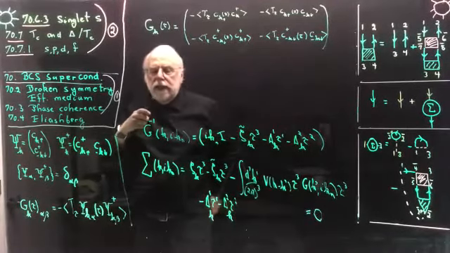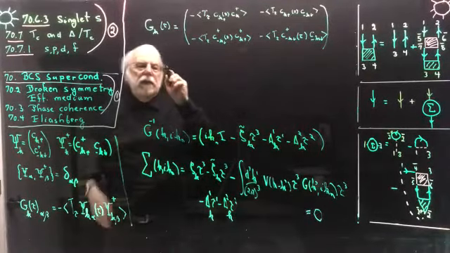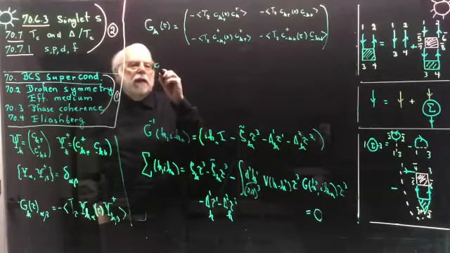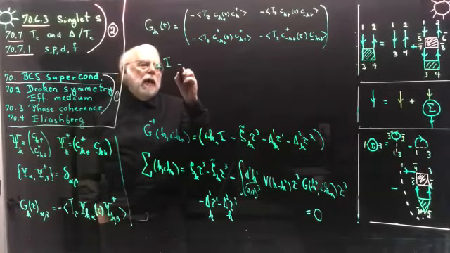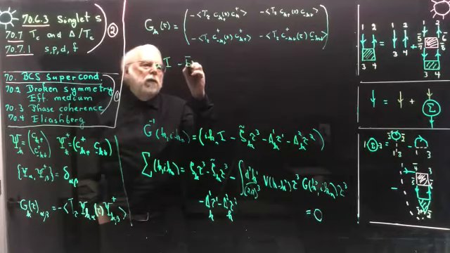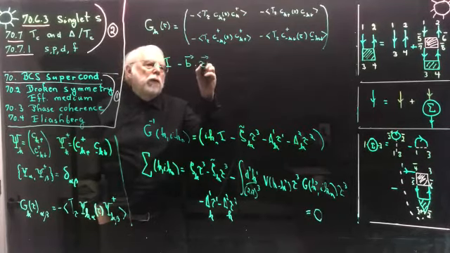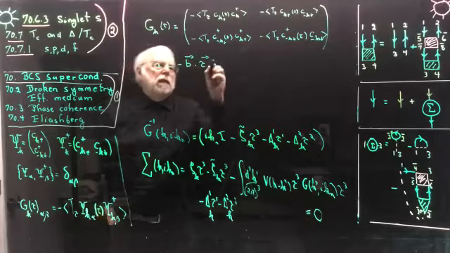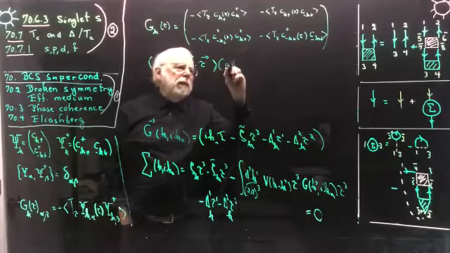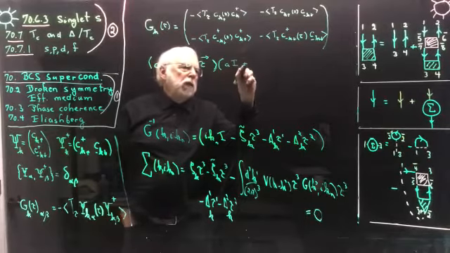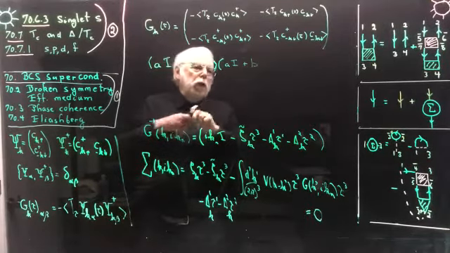We will use an identity: A times the identity matrix minus some vector B dotted into the three Pauli matrices, times A times the identity plus B dot tau.